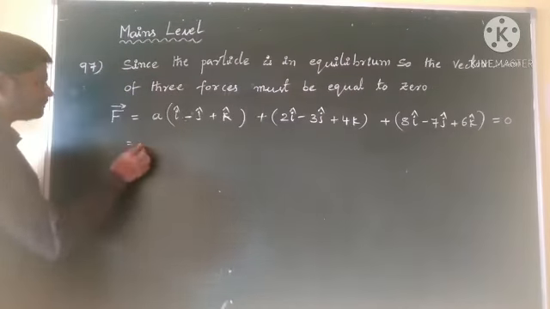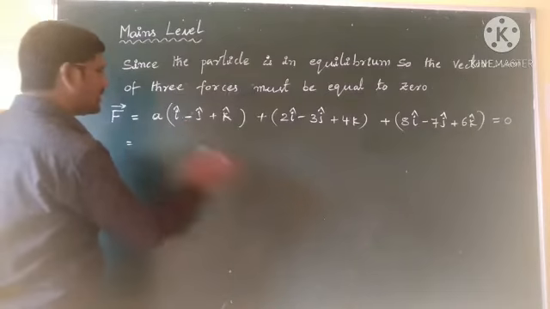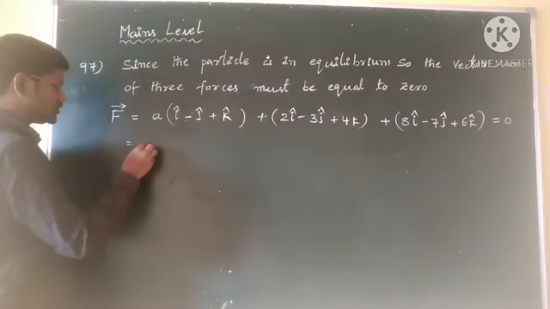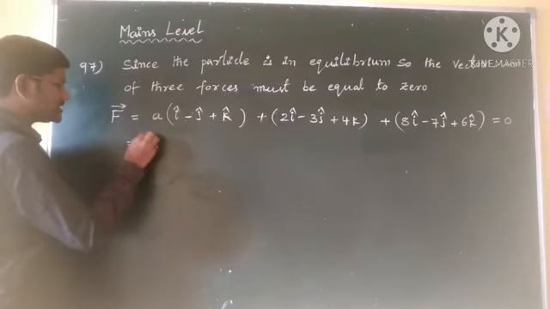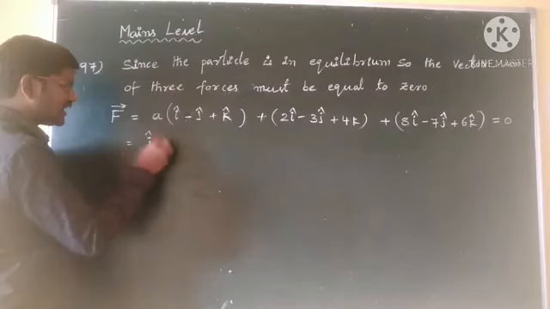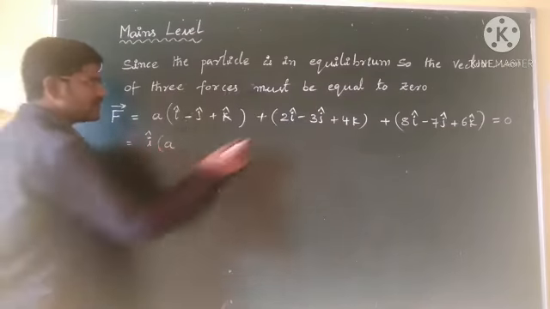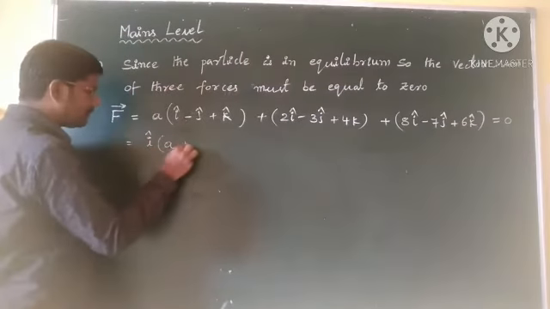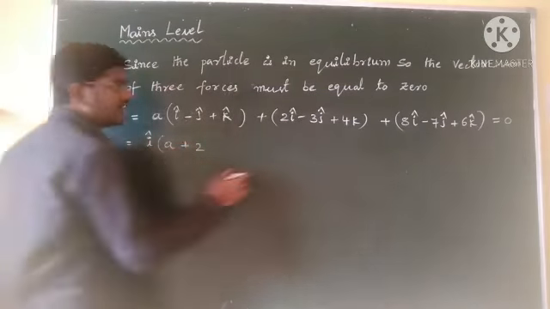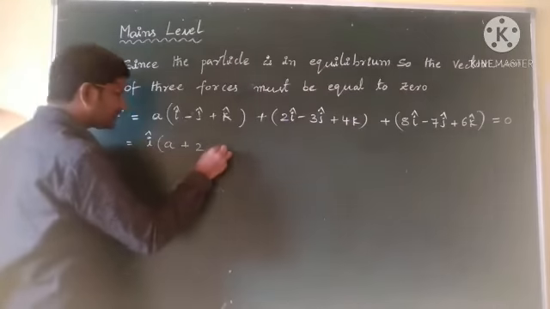Now I am adding. So I want to take i cap common. All the i coefficients: if you take i cap common, A is left, plus 2, and plus 8.